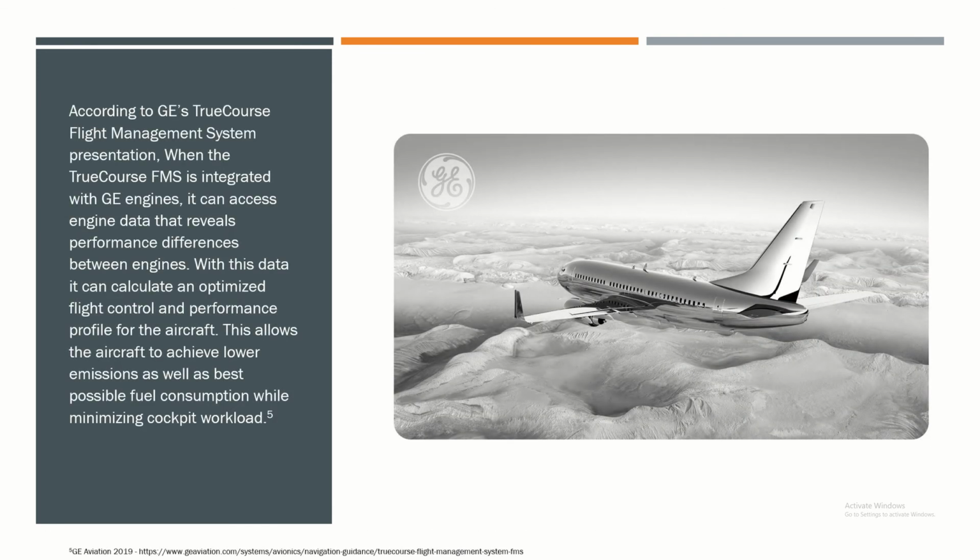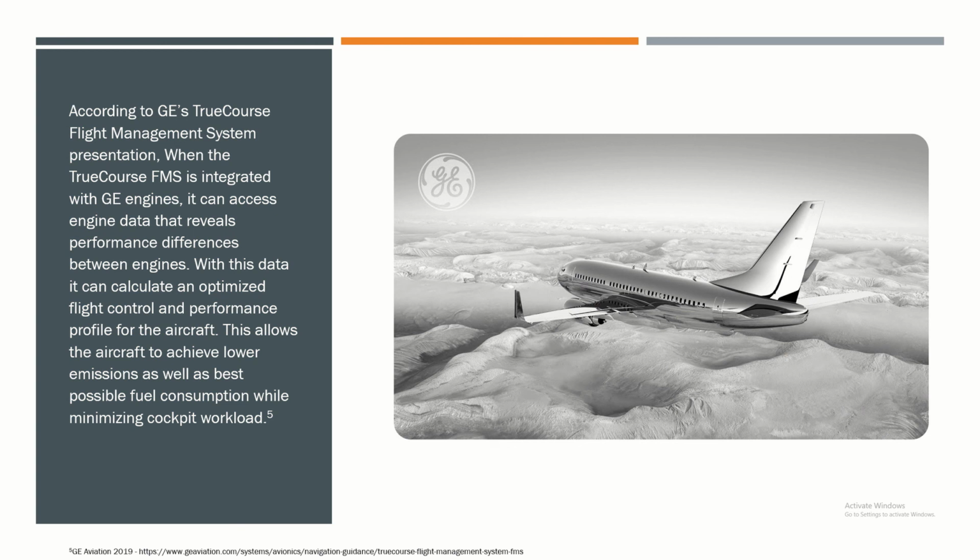According to GE's True Course Flight Management System presentation, when the True Course FMS is integrated with GE engines, it can access engine data that reveals performance differences between engines. With this data, it can calculate an optimized flight control and performance profile for that aircraft.